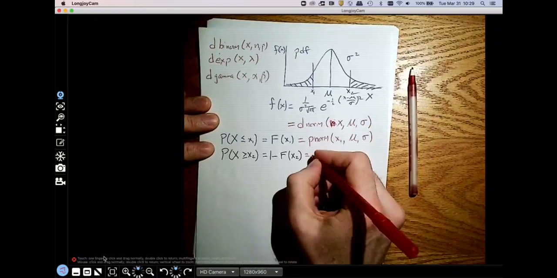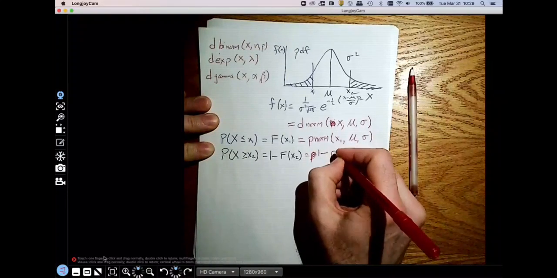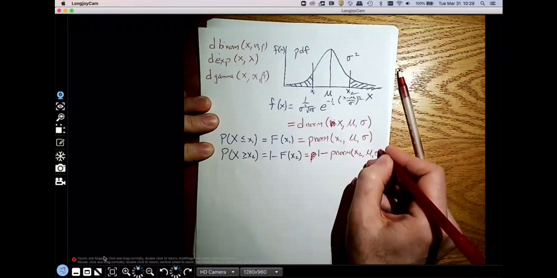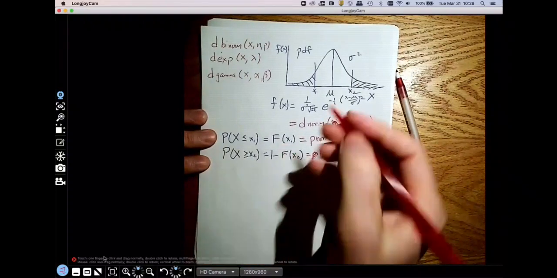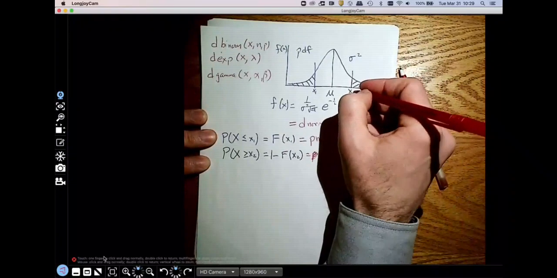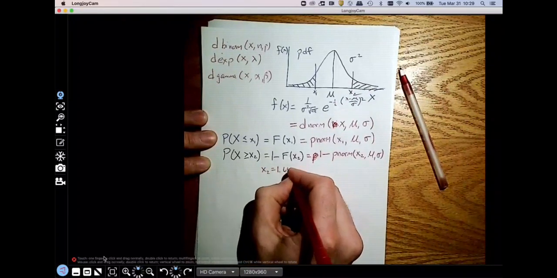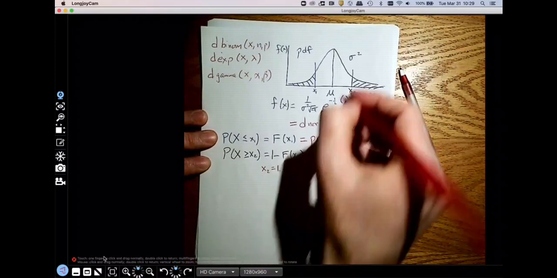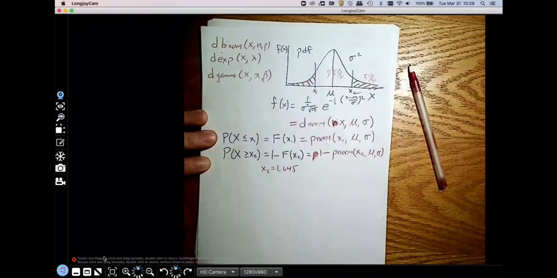If we translate this into R, this would be 1 minus pnorm of x2 with the mu and sigma handed off to it. As an example, I'll pick another number. Let's say that x2 is the value 1.645. That's a very famous number in statistics because that's going to give us 5% here and 95% to the left of that value.